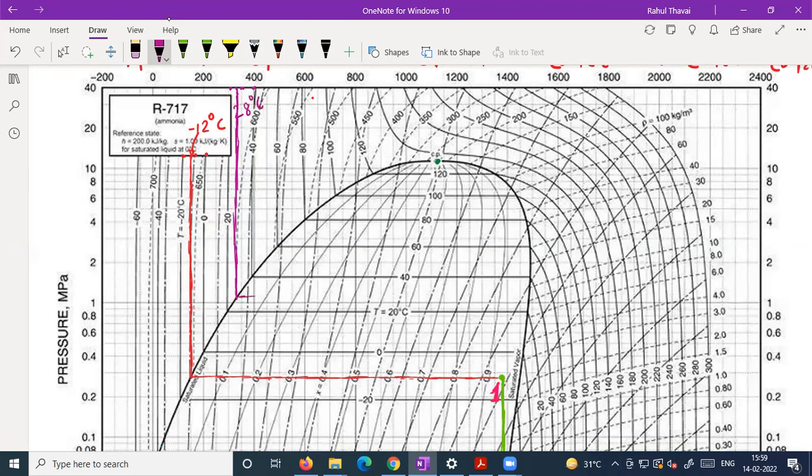It is cutting the saturated liquid line, and then it is moving horizontally, like this. Then further it will go down, right? It is going down. Is it okay?